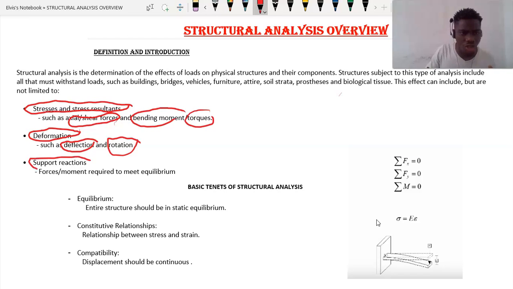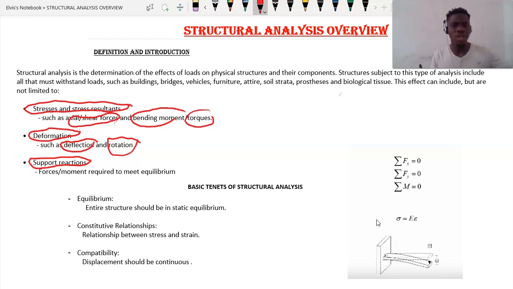The support reaction, this is the forces or the moments required to meet equilibrium. Okay, we also need to have the external force that is going to counteract this environmental load. So we need to have support reaction that will counteract this environmental load in order for the structure to meet equilibrium.